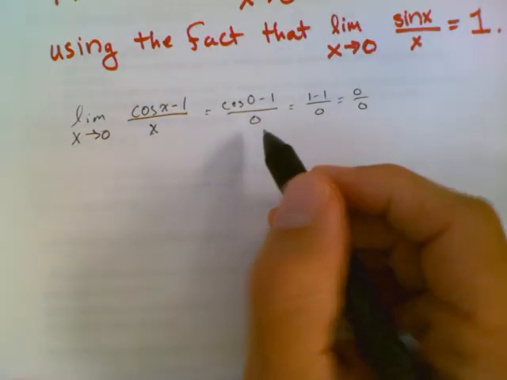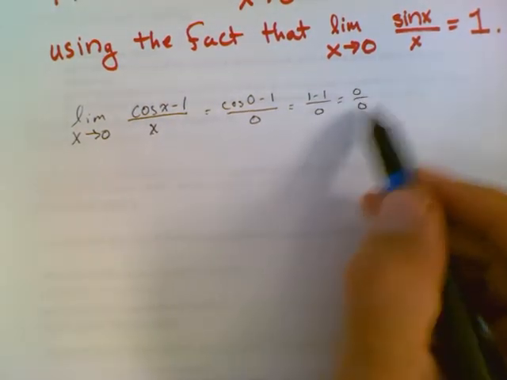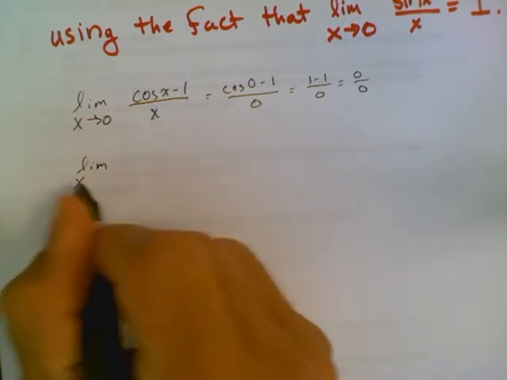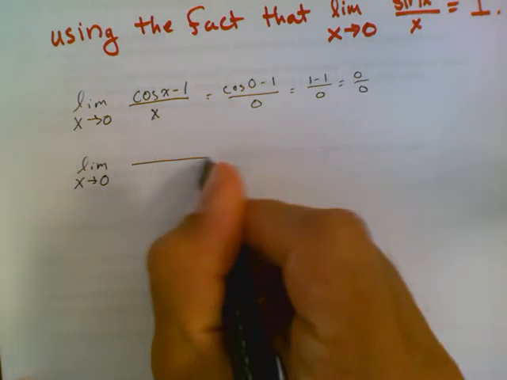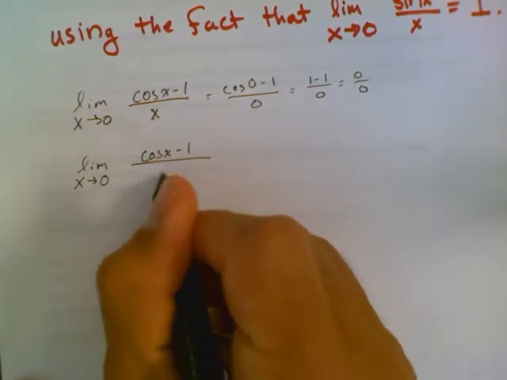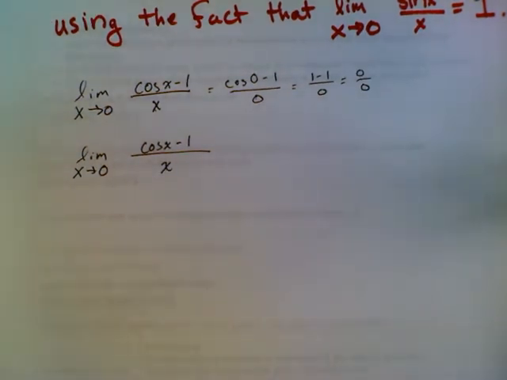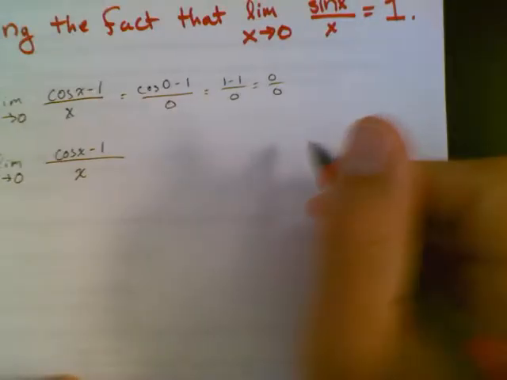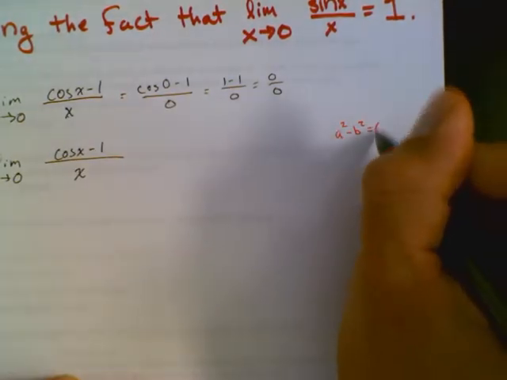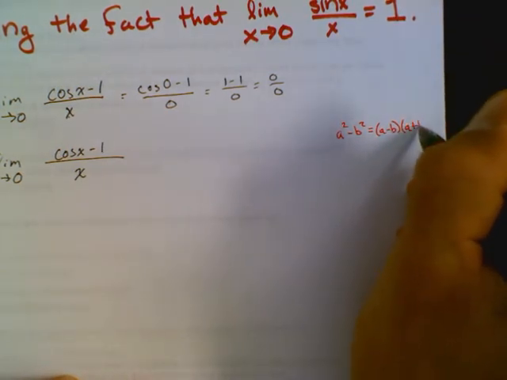So once we've got an indeterminate form, we rewrite the whole problem, and then we need to multiply by something on the top. What would you advise? Remember that a squared minus b squared equals a minus b times a plus b.